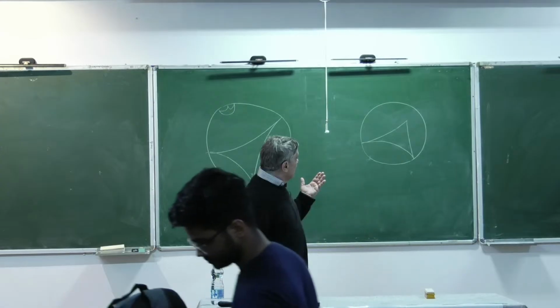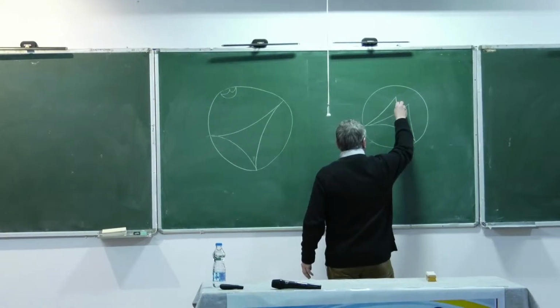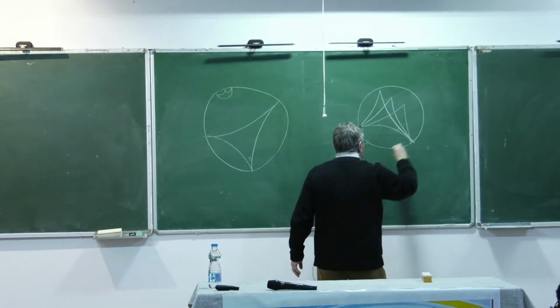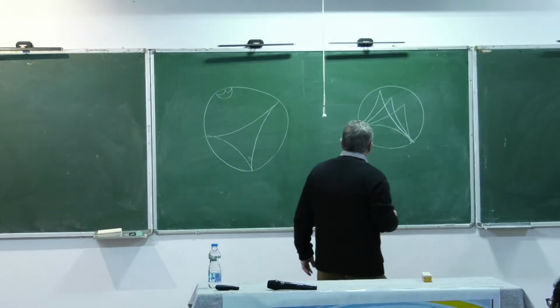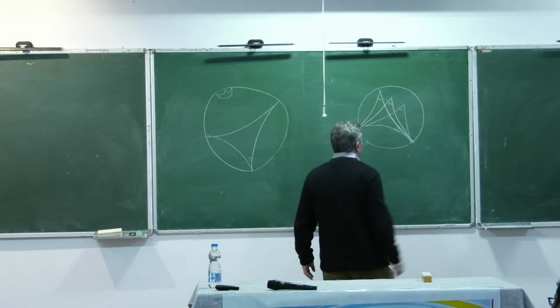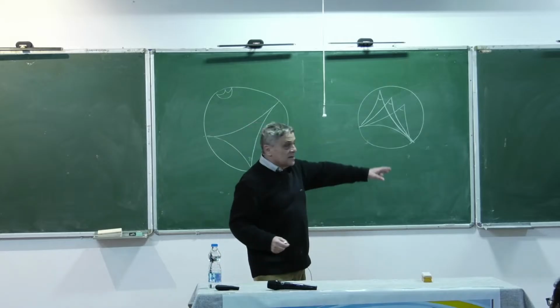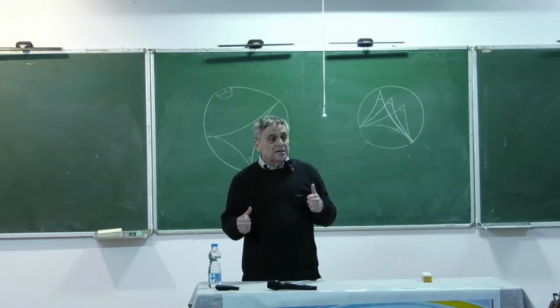So there are many of these, right? There are many of these which are not isometric, and they are all parametrized by the angle. For a triangle whose two vertices are at infinity, the only parameter is the angle.